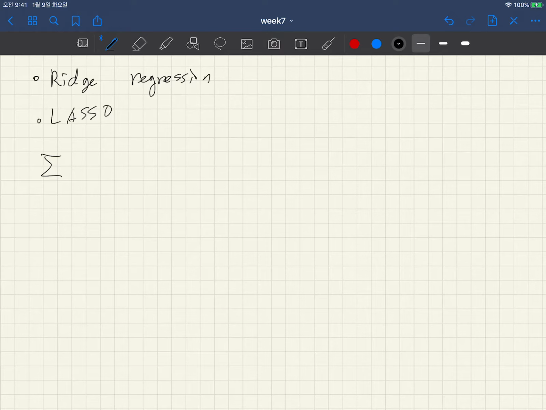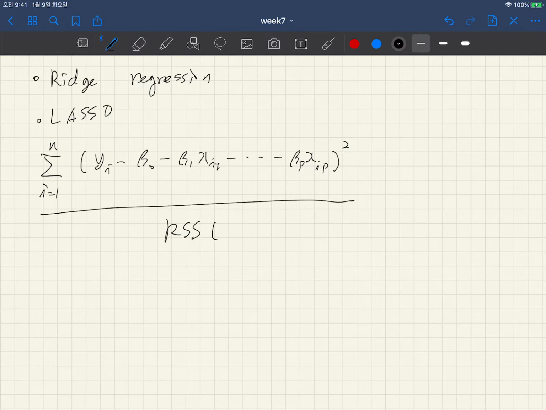The first one, Ridge regression, basically minimizes this cost function: yi minus beta 0 minus beta 1 xi1 minus ... minus beta p xip, squared, which is the RSS as a function of your parameter beta, plus lambda times the sum from j equals 1 to p of beta j squared.